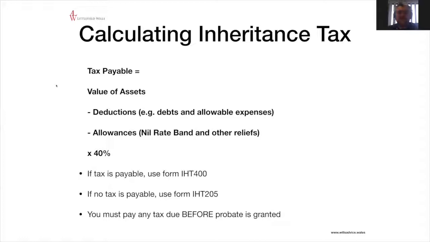The net value is the net estate. You multiply that by 40%, and that gives you the amount of tax. If tax is payable, you need IHT 400. If no tax is payable, use the form IHT 205, which is the form I'll be going through in my next talk. And if tax is payable, as I said, you must pay tax before probate is granted.